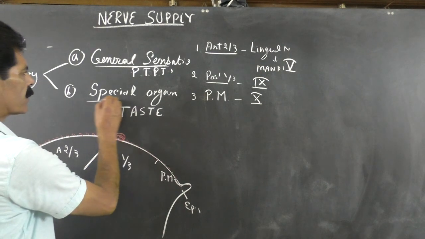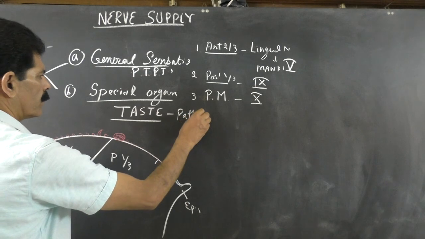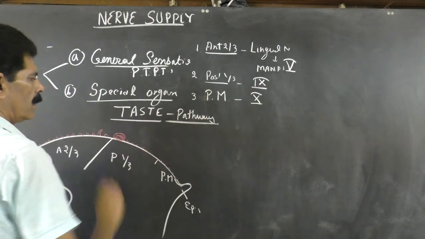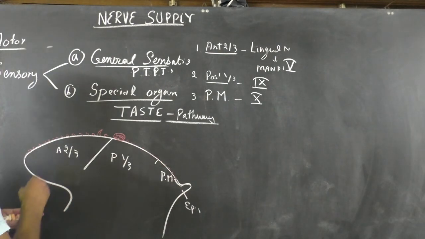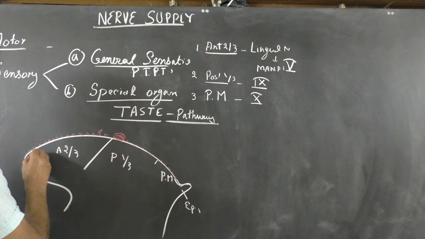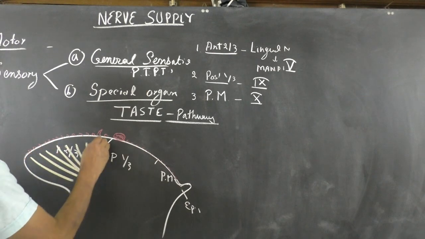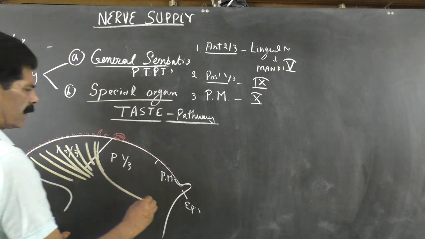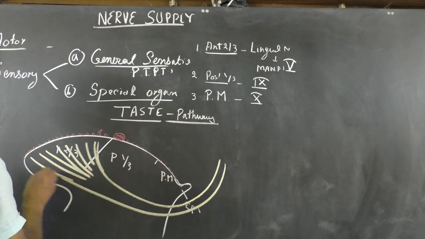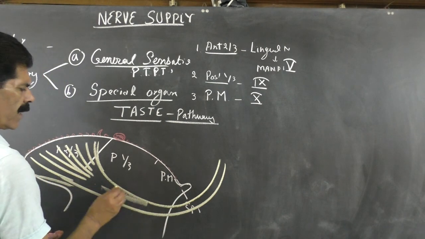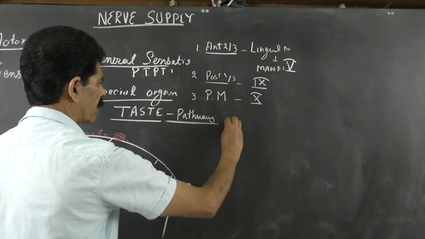Now comes the taste sensation of the special sense, or what is called the taste pathways. As we have seen, general sensation from the anterior 2/3 of the tongue is carried by the lingual nerve, which is quite a thick nerve. This is the thickest branch of the mandibular nerve.